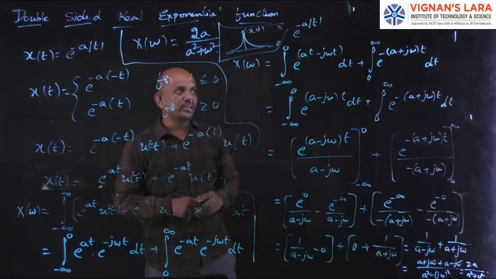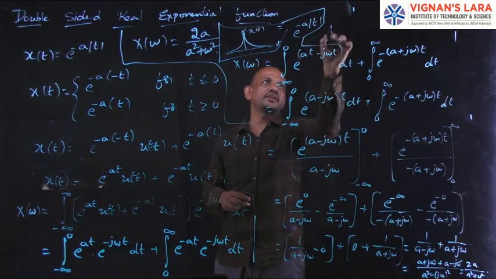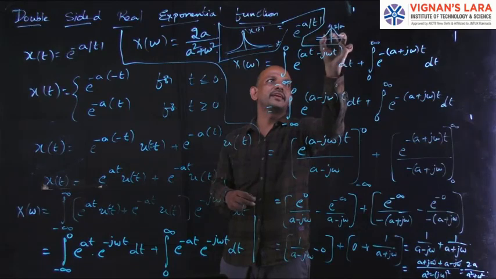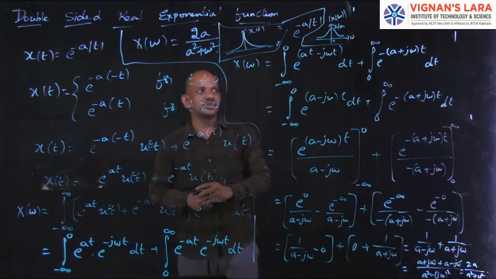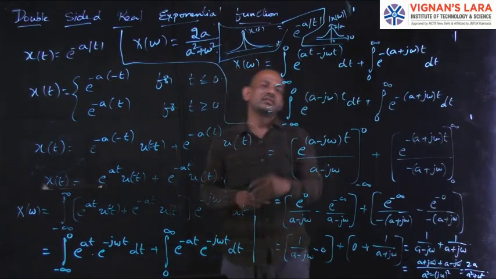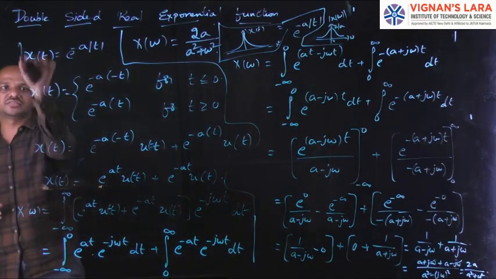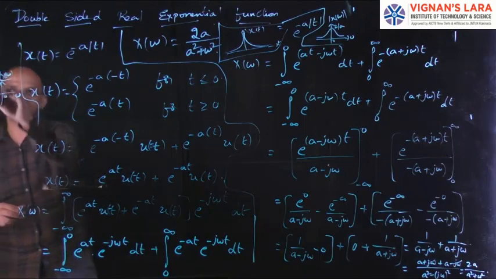If you want to get the magnitude spectrum, the shape is same. Here this value is 2 by a, this is mod of X of omega, this is omega, and this is 0. This is the magnitude spectrum, and the phase spectrum is 0 for all values of omega, that is angle of X of omega equal to 0. So this is the phase spectrum.